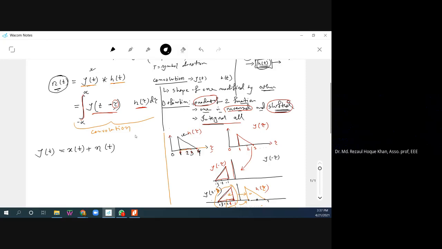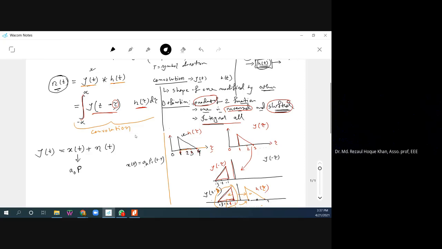What is x of t here? Imagine we express x of t by a0 p of t. Remember our previous equation? This is the simplest form. The expression of x of t was the sum of a_k p(t minus kT), that was our complete expression.